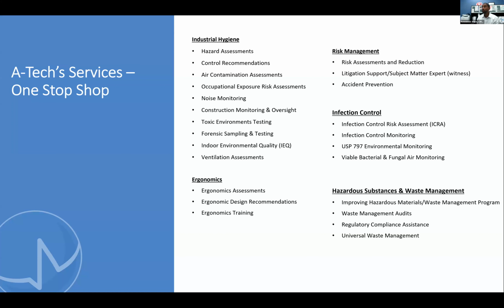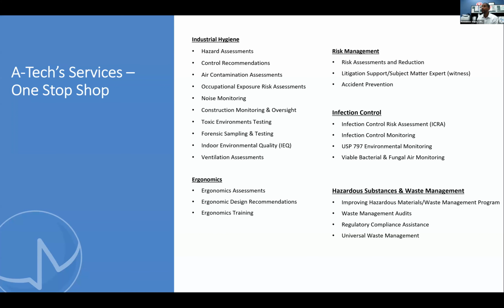We work closely with risk managers for risk assessments and reductions, litigation support whenever there is a lawsuit involved, and accident prevention. We work heavily on the healthcare side of things with infection control, infection prevention, monitoring, and USP 797 and 800 monitoring.